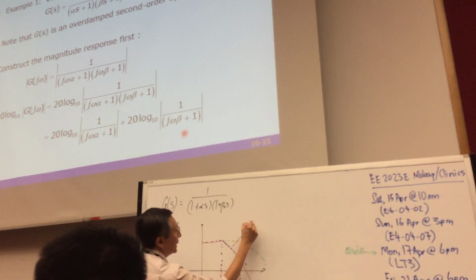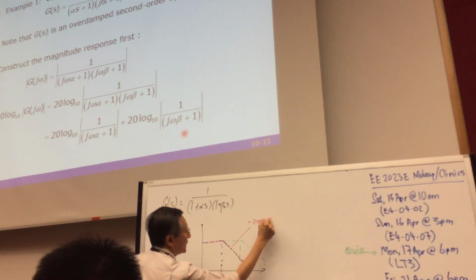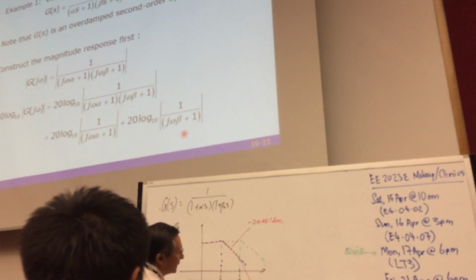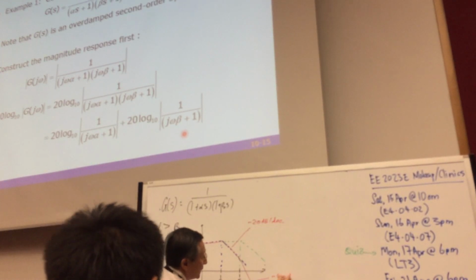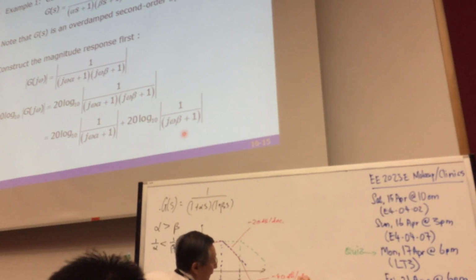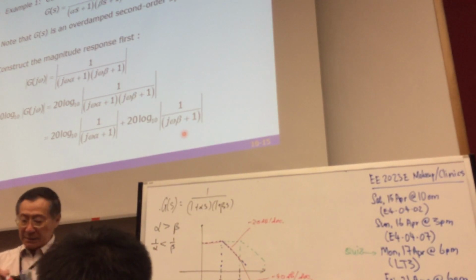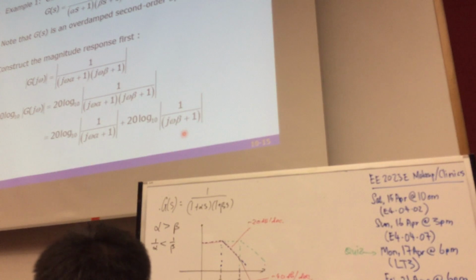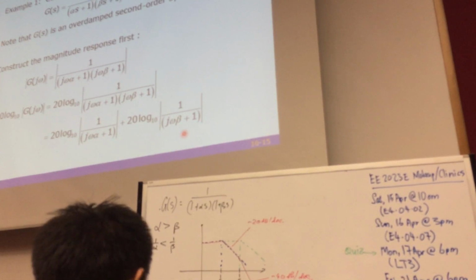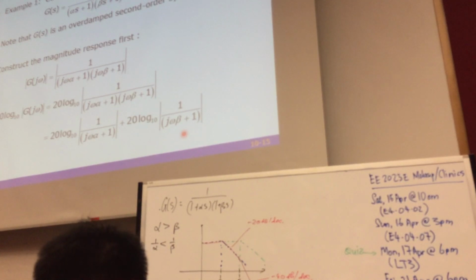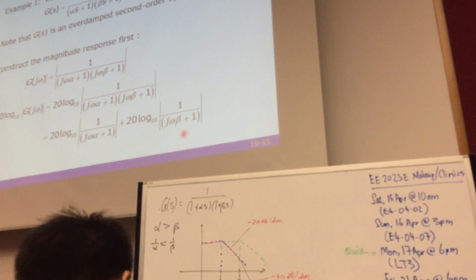So this is at minus 20 dB per decade, and this is at minus 40 dB per decade. The red one is the composite response. That's it. For a very simple system with two poles. Two first order system.